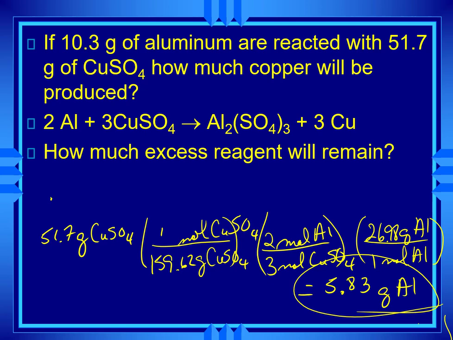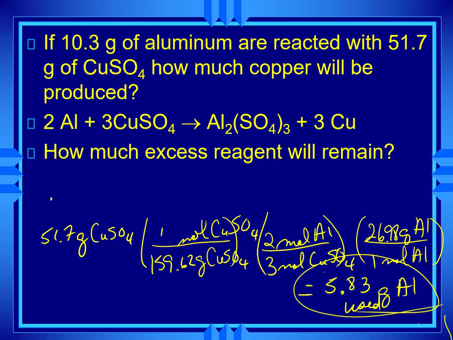And Mr. Green marks it wrong. So why'd you mark it wrong? That's the excess reagent. It's grams, it's mass, but it's not grams of excess reagent that remains. That's grams of excess reagent used. I used that 5.83 grams of aluminum.